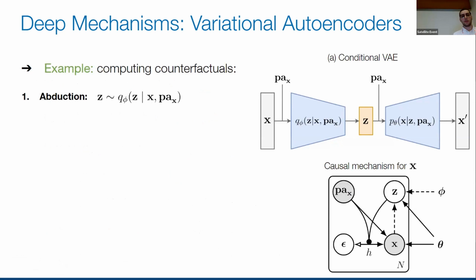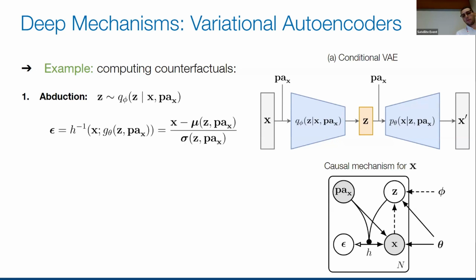Okay, so again, let me give you a very detailed, concrete example of computing a counterfactual with this kind of model. So the first step, again, is abduction. And this boils down to sampling some latent variables by forward propagating the image and its parents through the encoder.